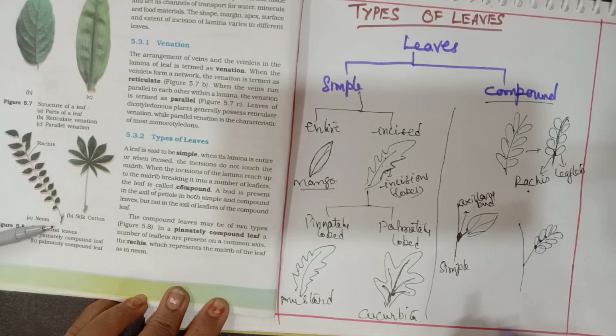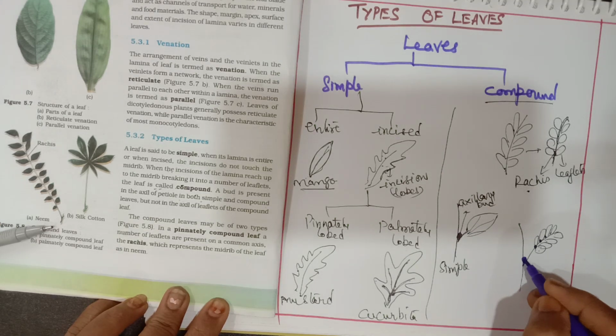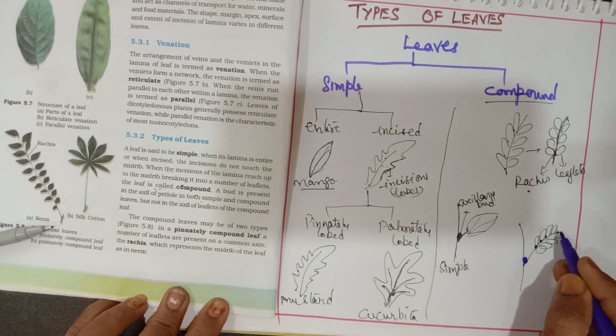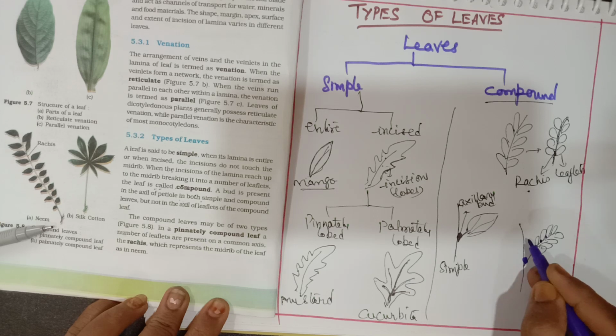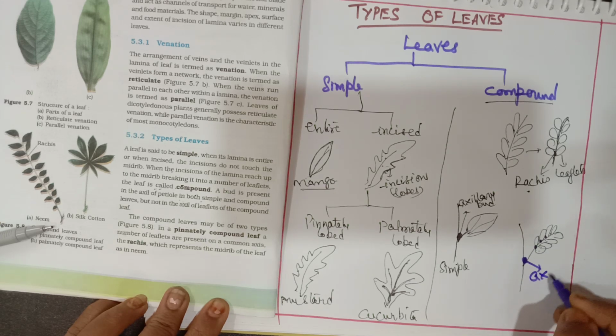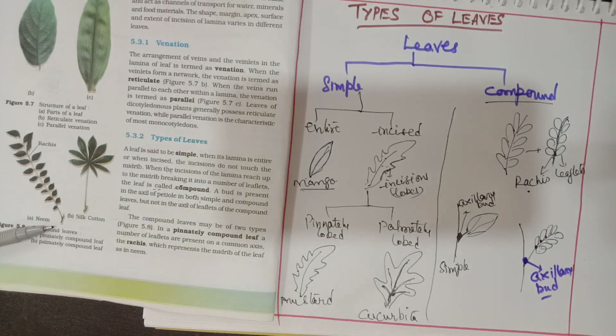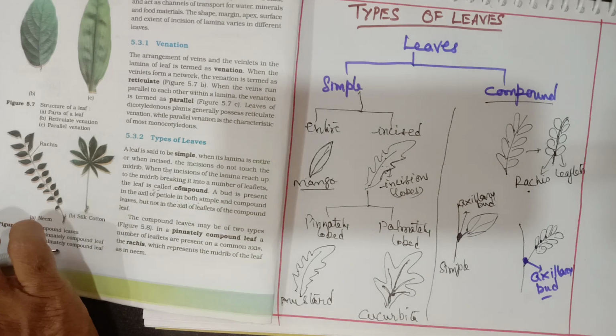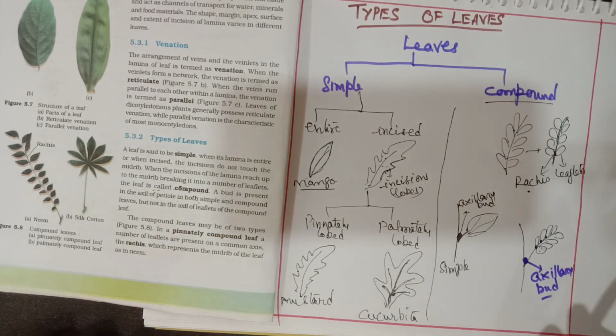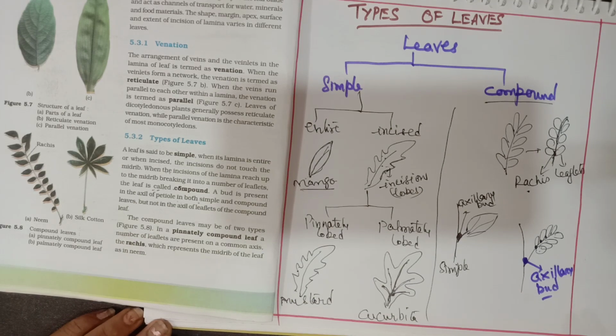Here we don't find any bud, but in the axil of the complete leaf, this is the stalk of the leaf, between the stalk and the stem, there will be axillary buds. So an axillary bud will be present in the axil of a leaf but not in the axil of a leaflet. That is one major difference between a simple leaf and a compound leaf.